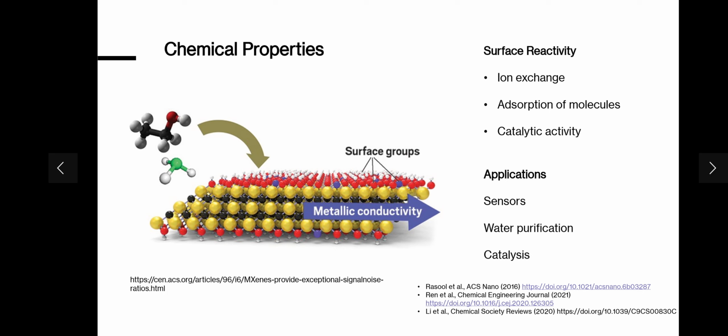All of this surface reactivity could also be used for water purification, where MXenes could absorb heavy metals, dyes, and radioactive ions due to their charged high surface area surfaces. They could also be used in catalysis. One good example would be CO2 reduction due to tunable sizes.